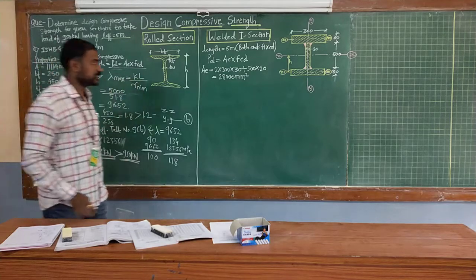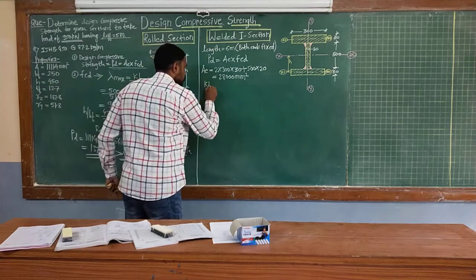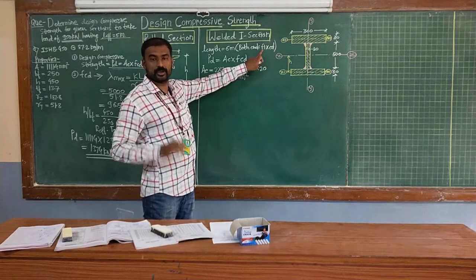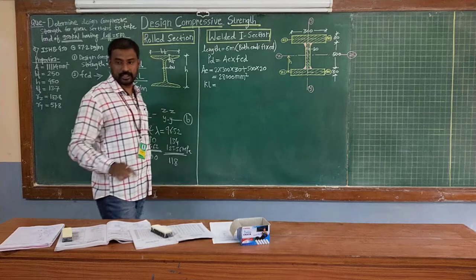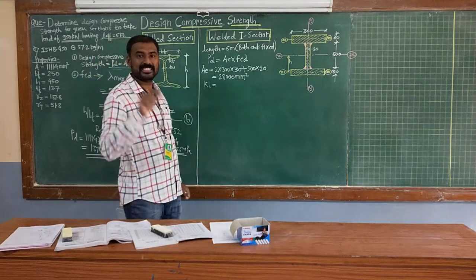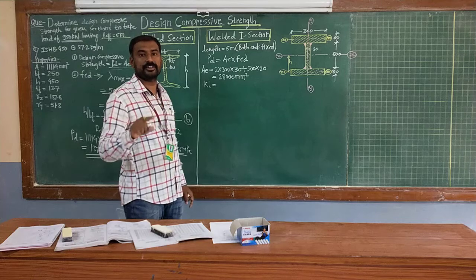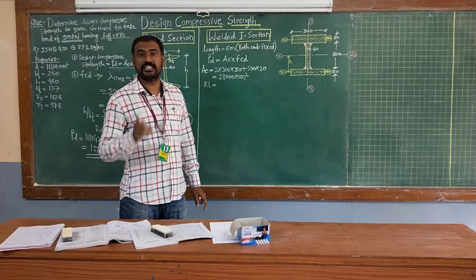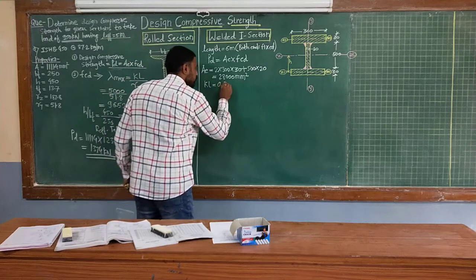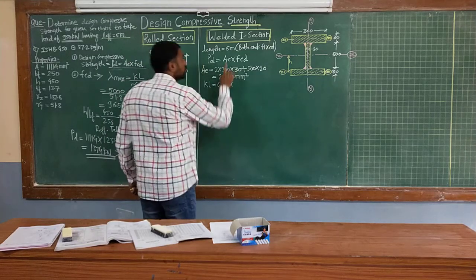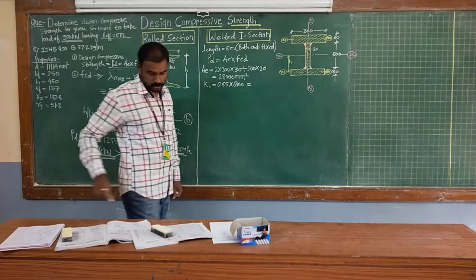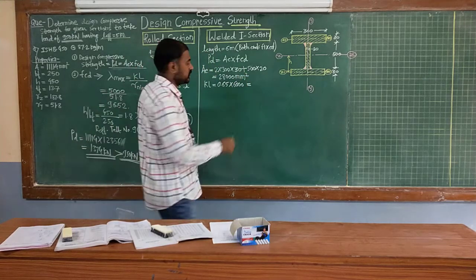First the effective length KL. The end condition is given as both ends fixed. Referring to Table 11 on page 45, the last condition, both ends fixed, where rotation and translation are restrained at both ends, the factor K is 0.65, multiplied by the length of 6,000.